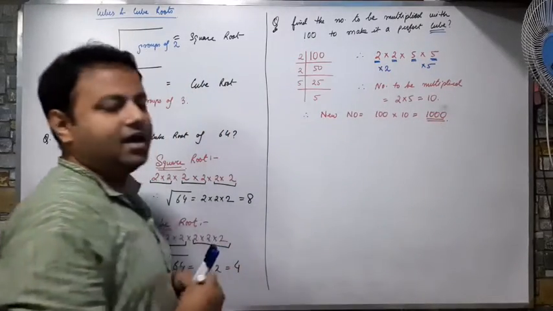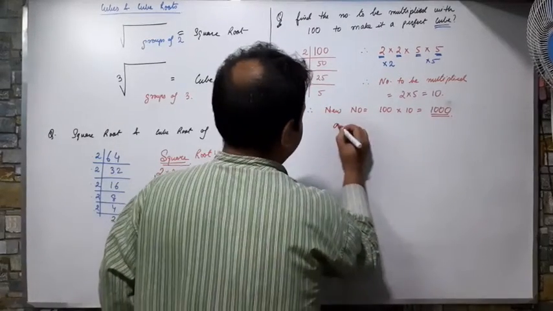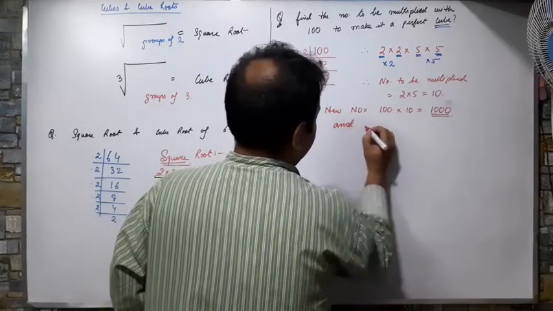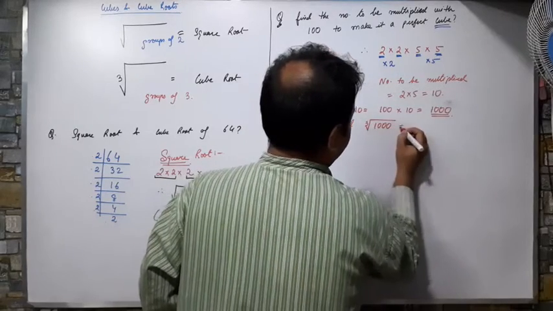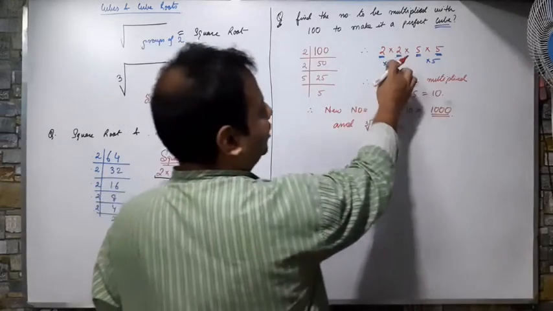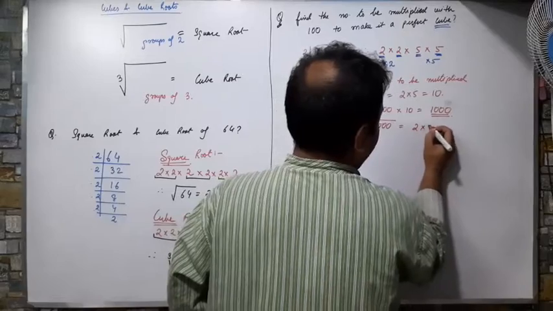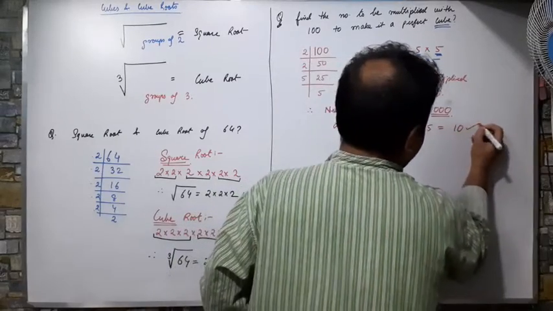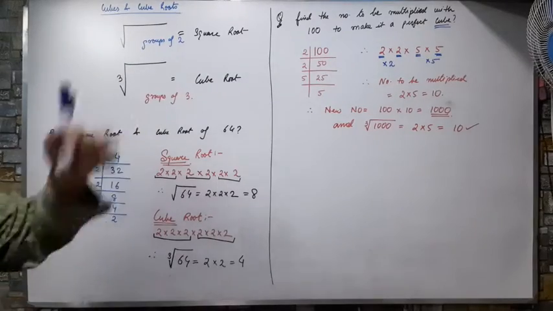So this is my new number, 1000, and the cube root of 1000 will now be what? I will get a group of 2 here, I will get a group of 5 here. So that is 2 into 5, that is 10. So this is how I have got a new perfect cube.